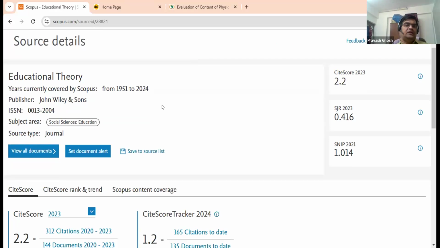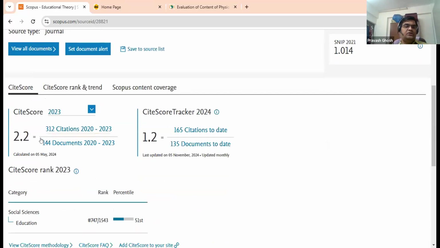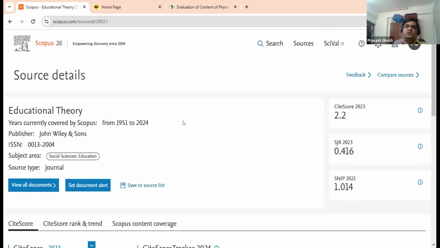It's a good journal, right? It is a Wiley journal first of all. Next, it is a very old journal, started from 1951 and still continues. So it will never go out, madam. You can see the presence of 74 years.